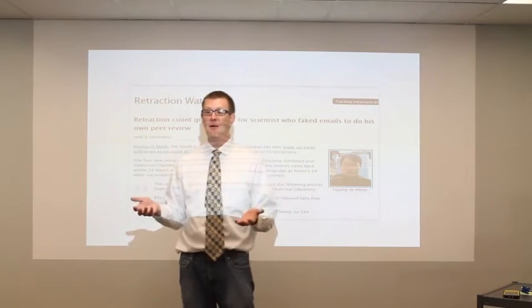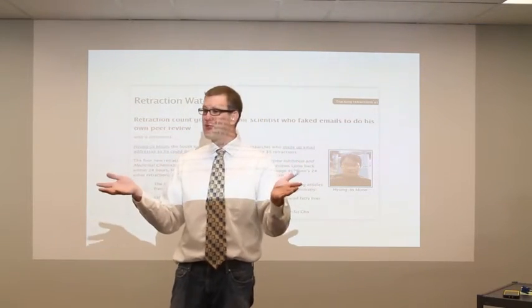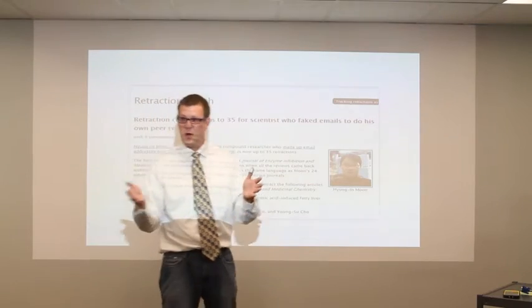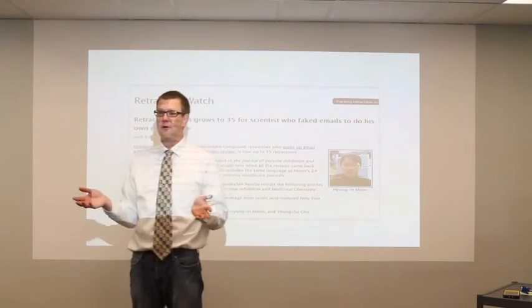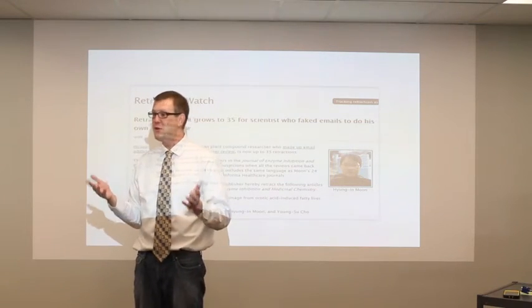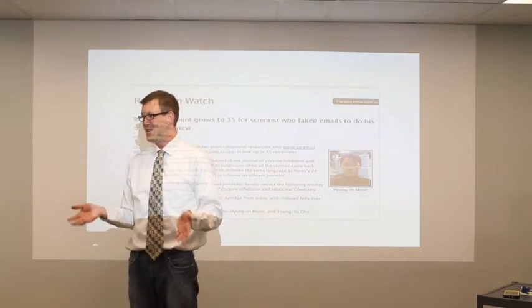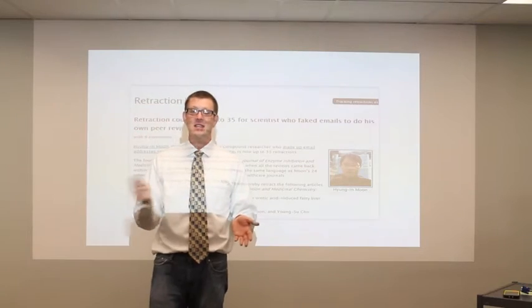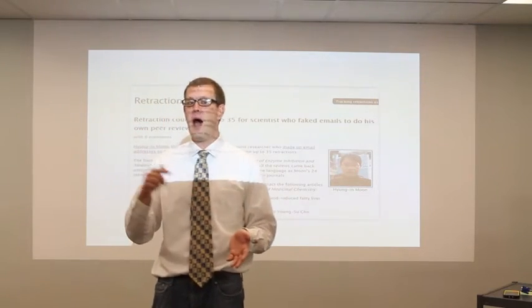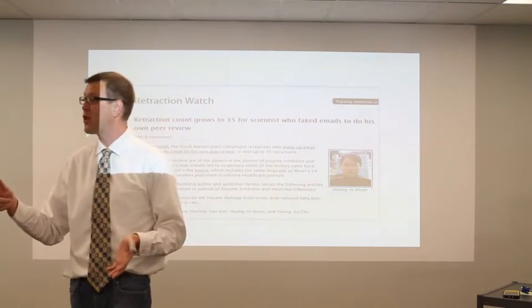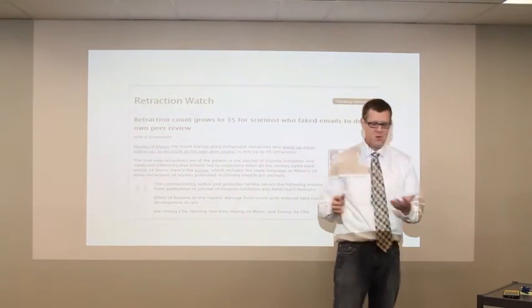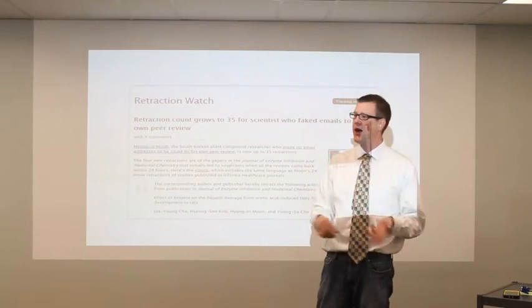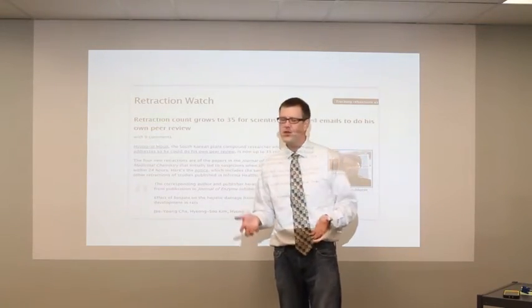They figured this out because those of you who have tried to publish in peer-reviewed journals know you send out a paper, you get a letter back, okay, it's been sent out for review, thank you very much. And then you wait for the reviews to come in. And this guy's reviews were coming in like an hour after they were being requested. It's a little bit suspicious. So we have this problem with academic dishonesty in psychology and biology and all sorts of disciplines.